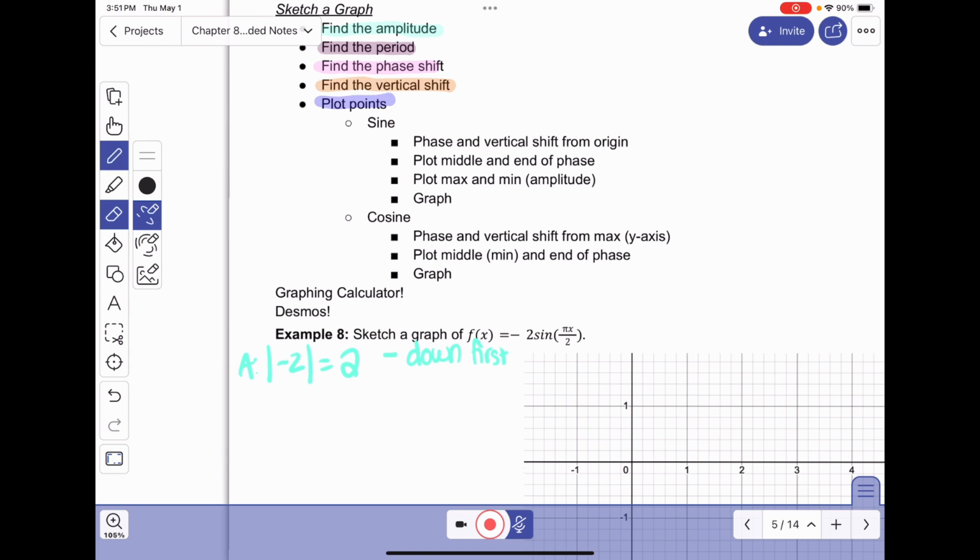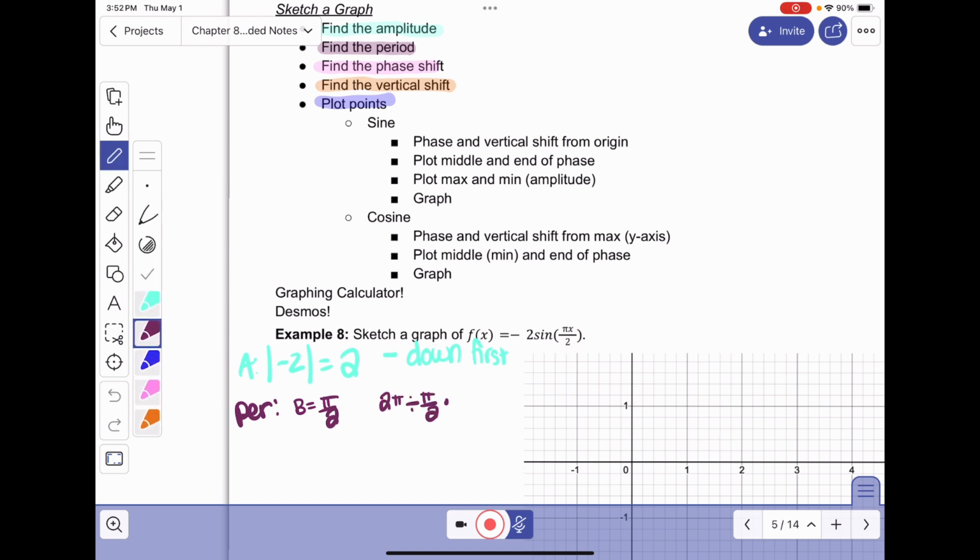Okay? Now we find the period. So this means B is pi over 2. So to find the period, we do 2 pi divided by pi over 2, which is 2 pi times 2 over pi, which is 4 pi over pi, which equals 4.